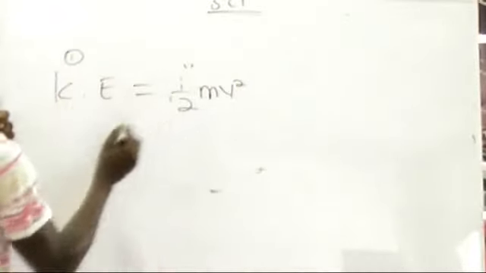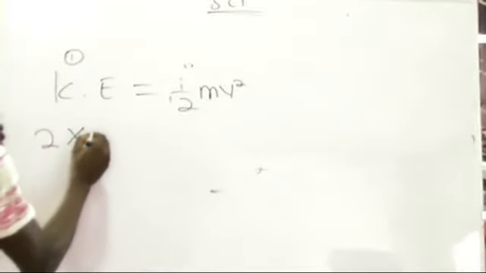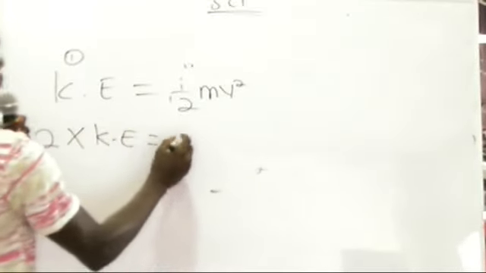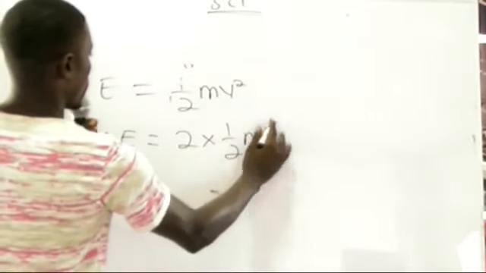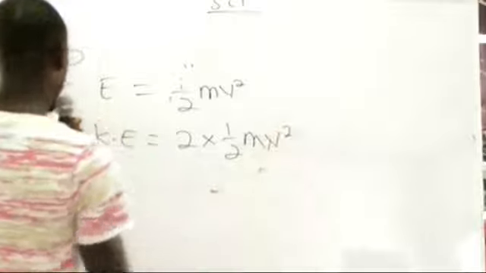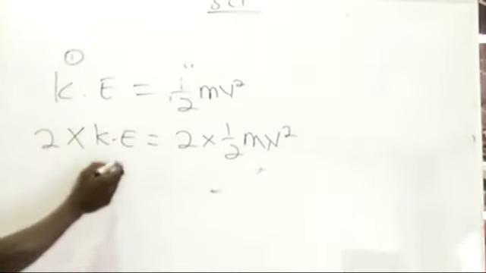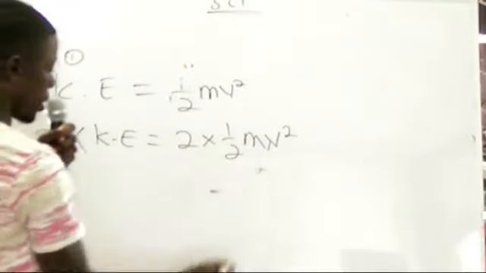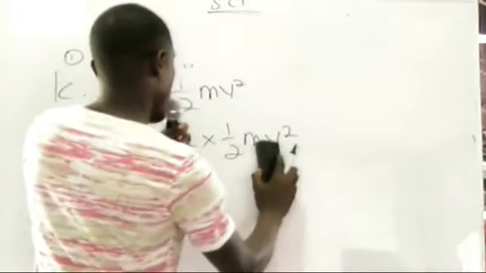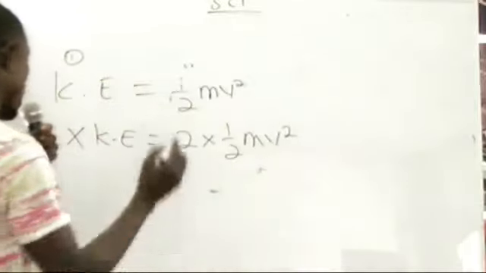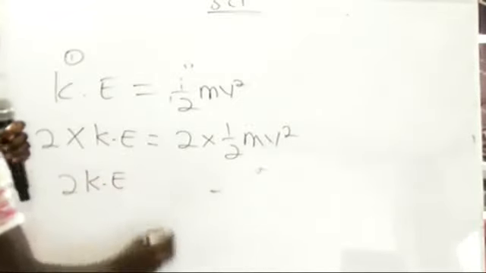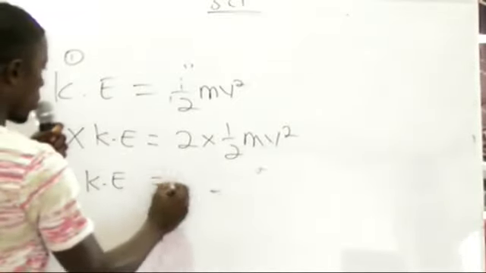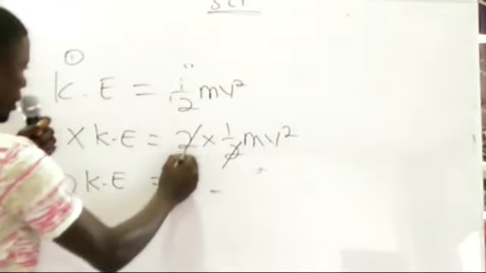We are making m the subject. So 2 times kinetic energy is equal to 2 times half mv squared. So here you get 2 KE is equal to this, or cancel this.